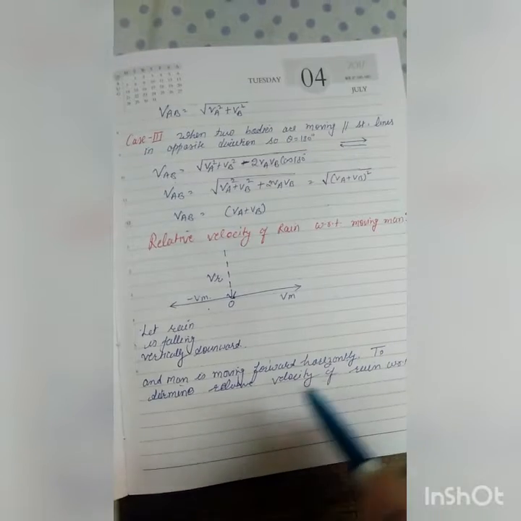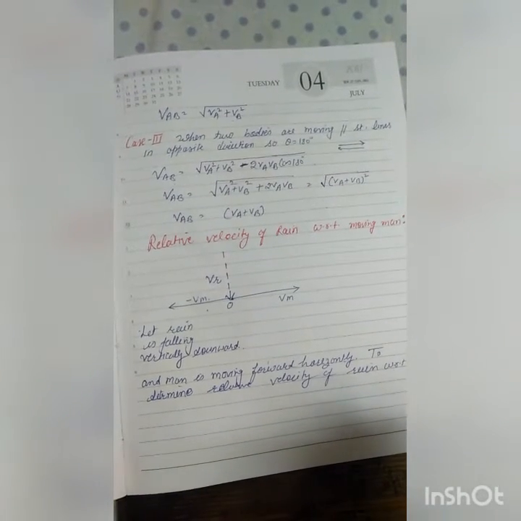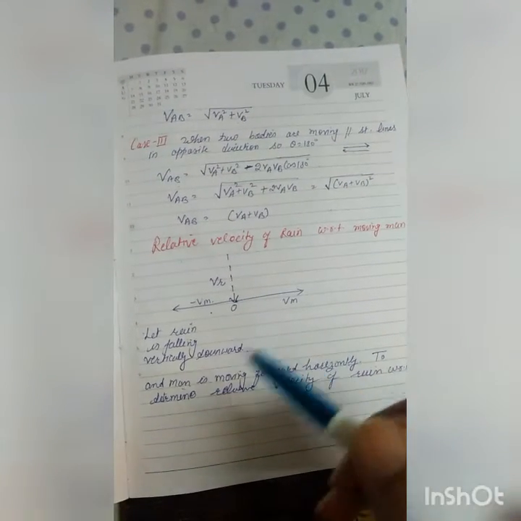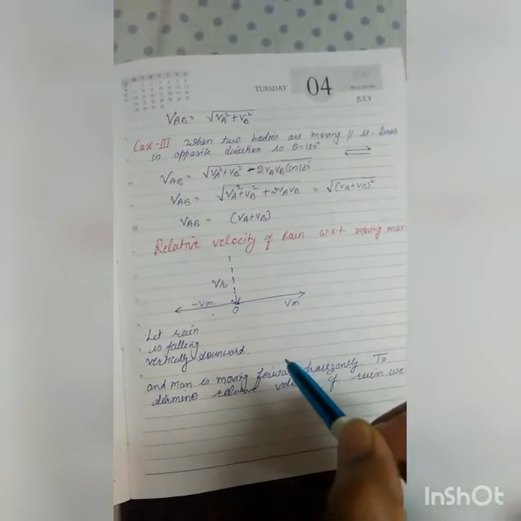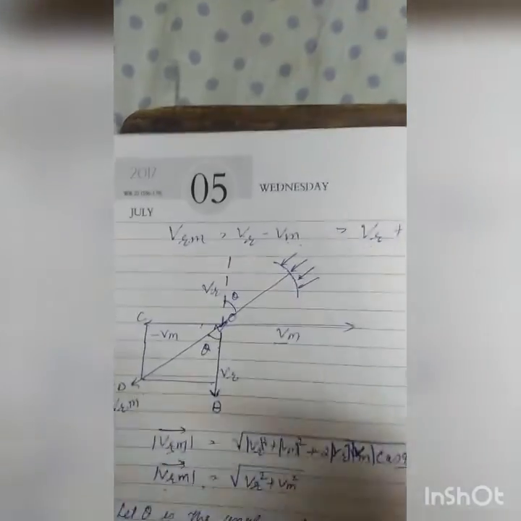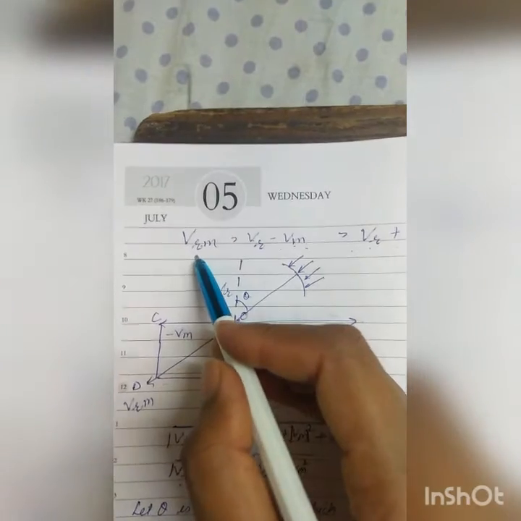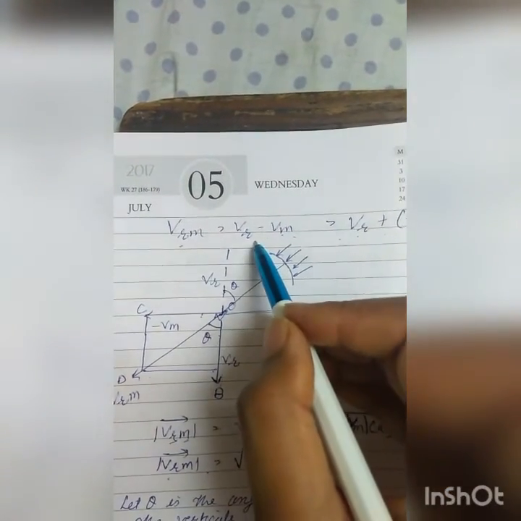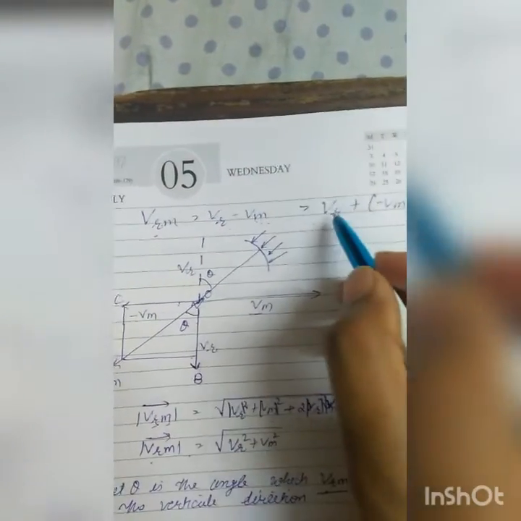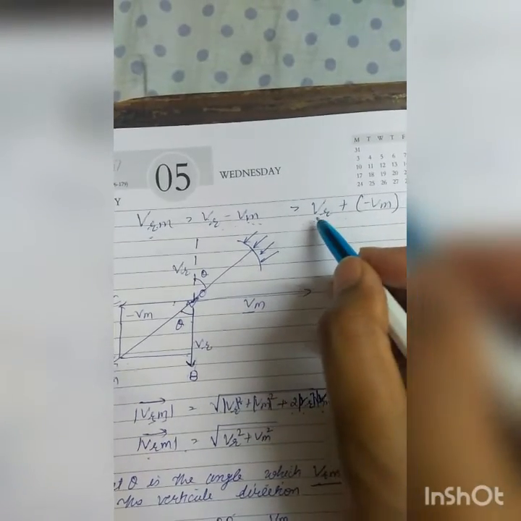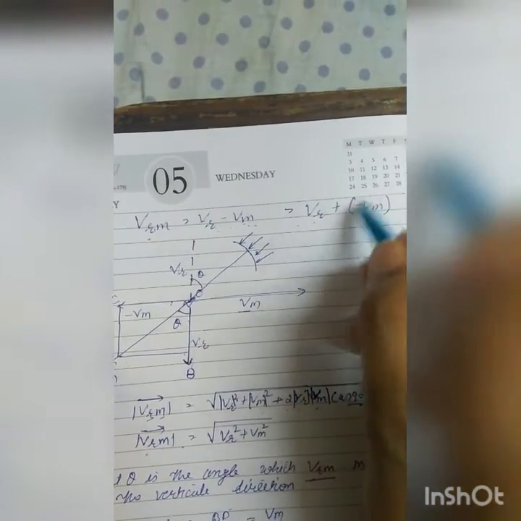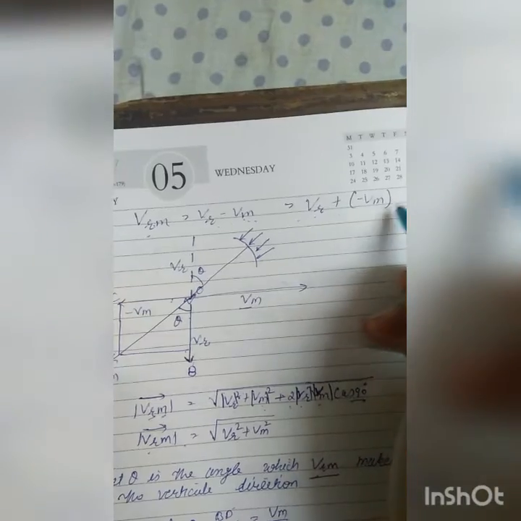To determine the relative velocity of rain with respect to the man, we have to reverse the direction of the man, right? For example, the relative velocity of rain with respect to man can be written as Vr minus Vm. Now reversing, we can write it as Vr plus (minus velocity of man).